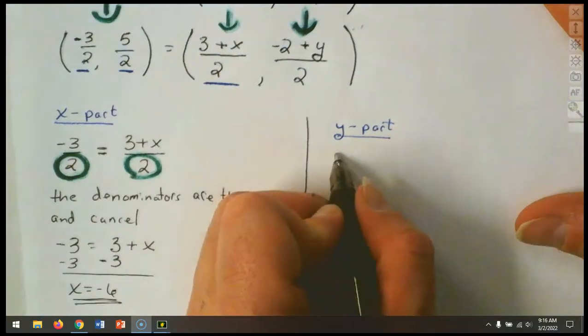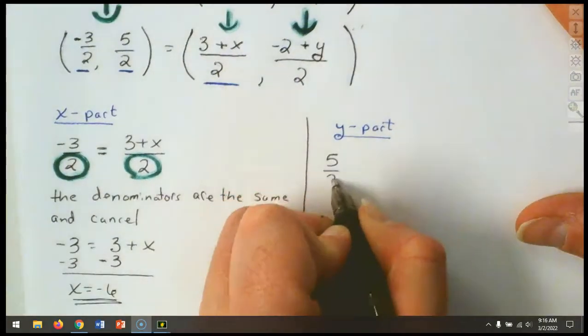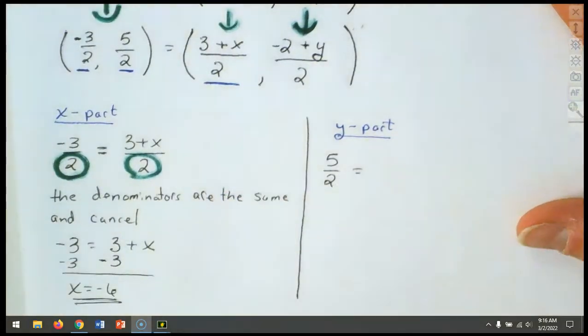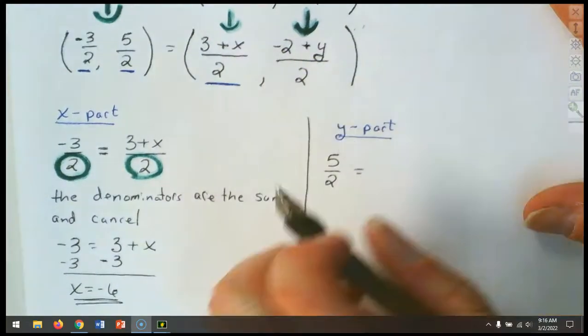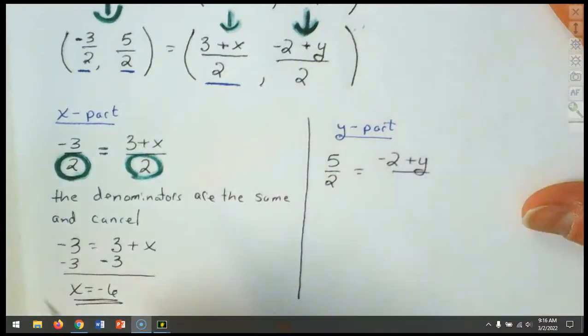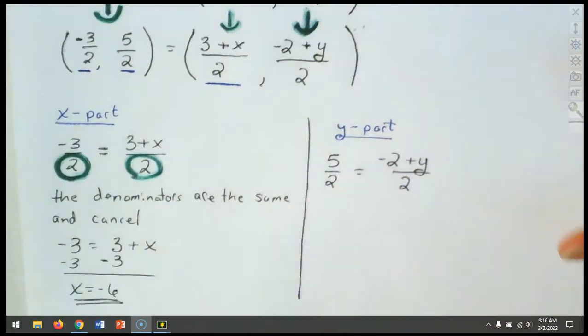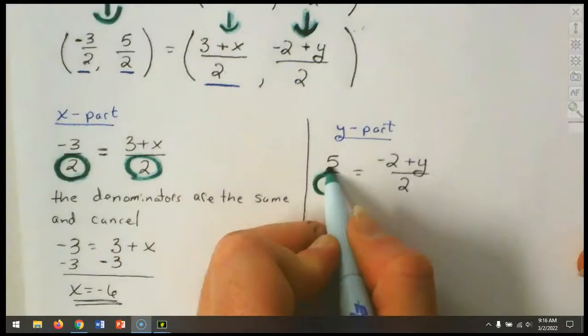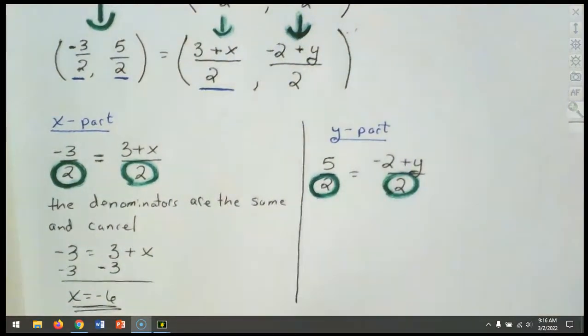Behind our comma is 5 halves. And what does it equal behind the comma? Minus 2 plus y over 2. Okay. What do we know again about the denominators? Are they the same? Yep, so they can cancel. Okay, denominators are the same, cancel.